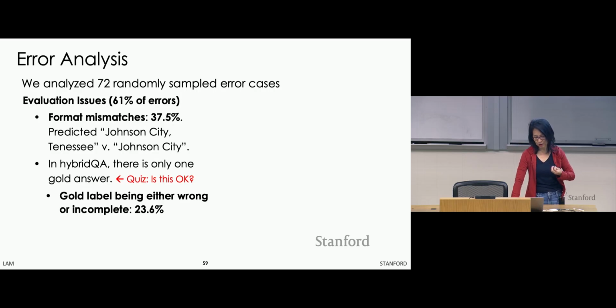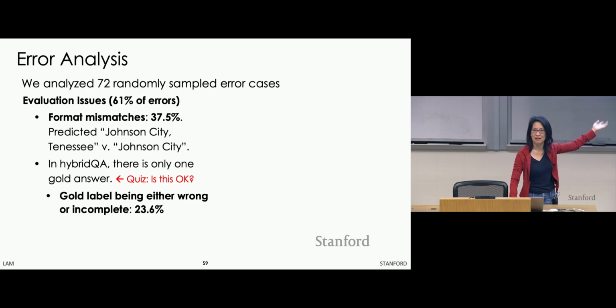From our perspective, you have to be very careful anytime you pick up a data set. If I start by saying I need to improve the system because I don't want to be at 60%, and I don't do the error analysis, I will just be wasting my time. Because over 50% of the problem is in the data set itself.